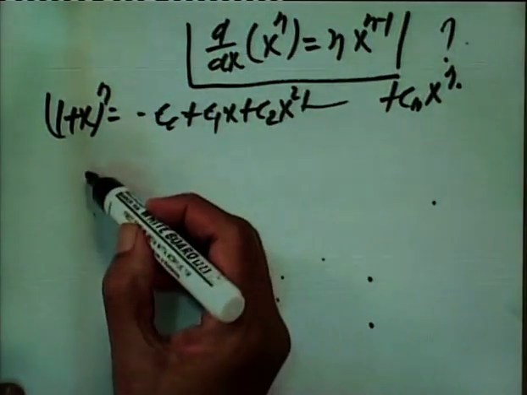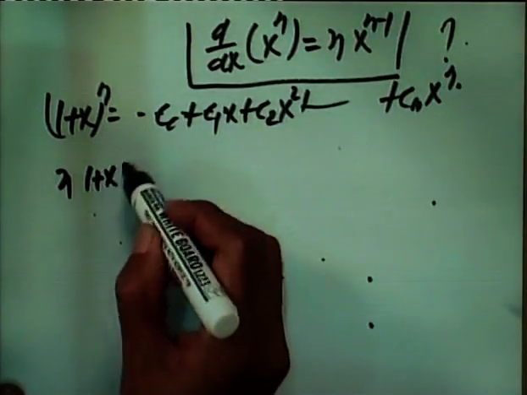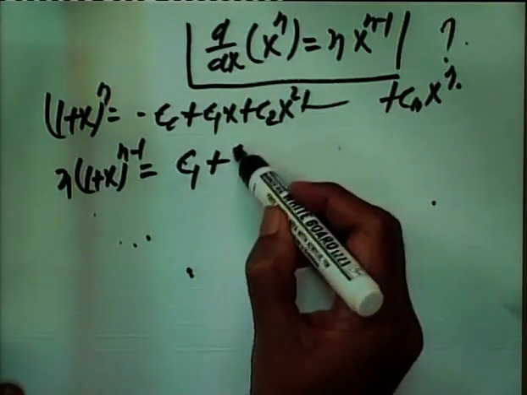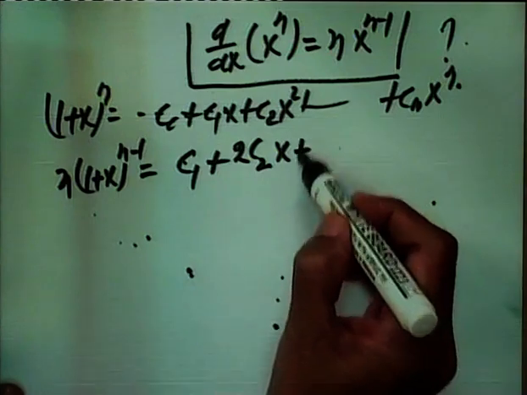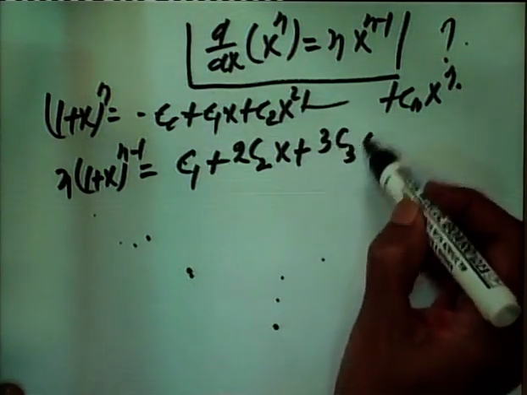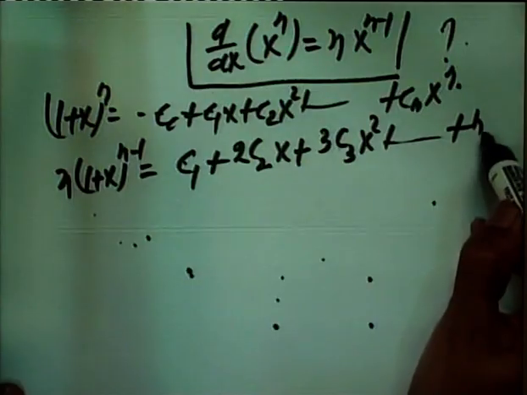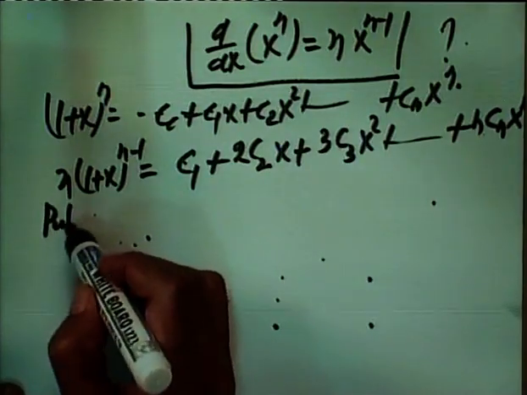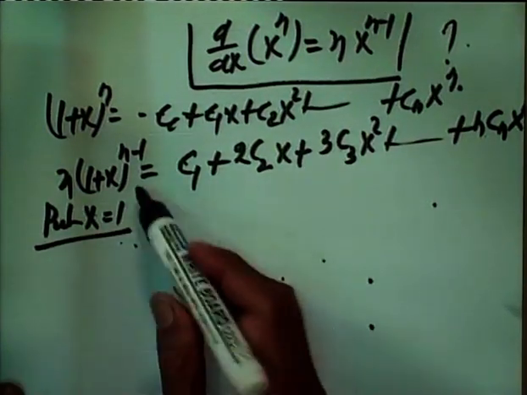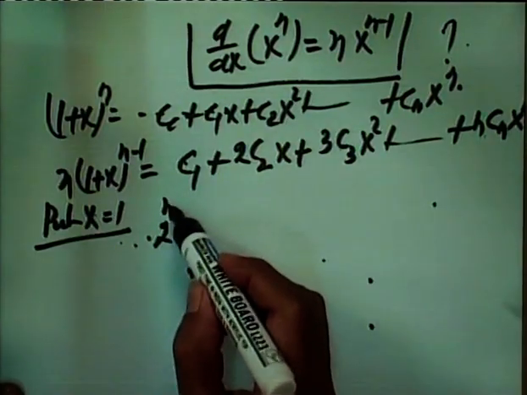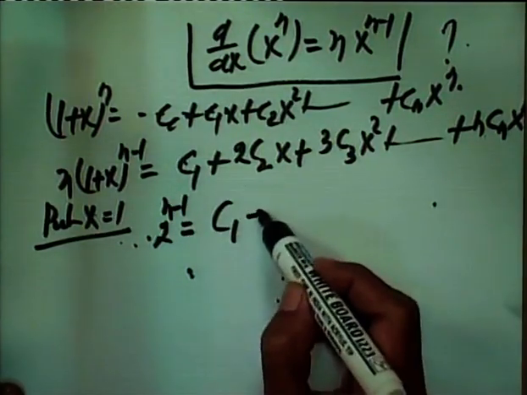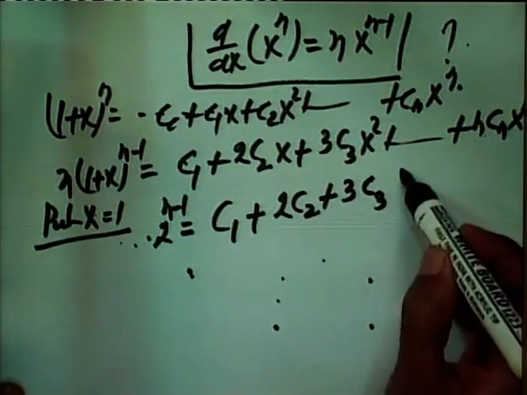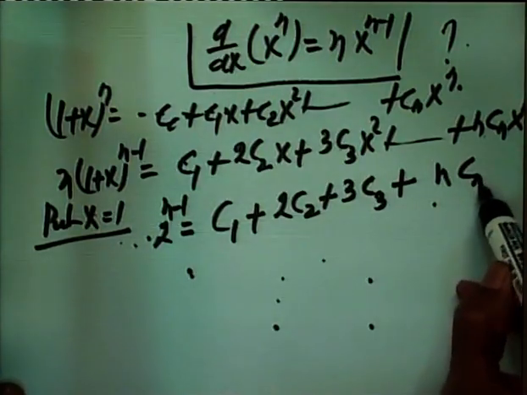I differentiate it, of course, so that is n into 1 plus x raised to power n minus 1 is equal to C1 plus 2C2x plus 3C3x square plus up to nCn x raised to power n minus 1. Put x is equal to 1. So, this you will get 2 raised to power n minus 1. You see this expression C1 plus 2C2 plus 3C3 plus up to nCn.